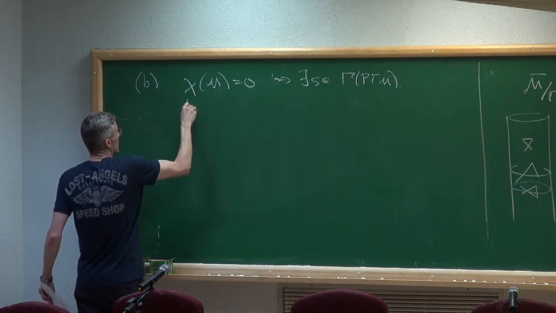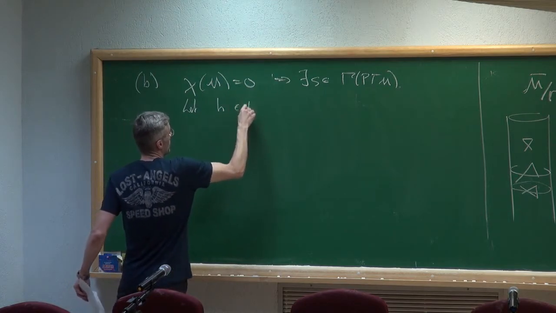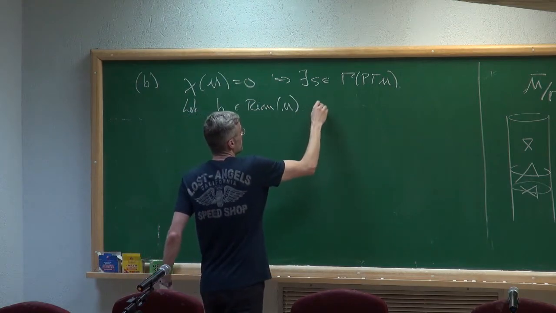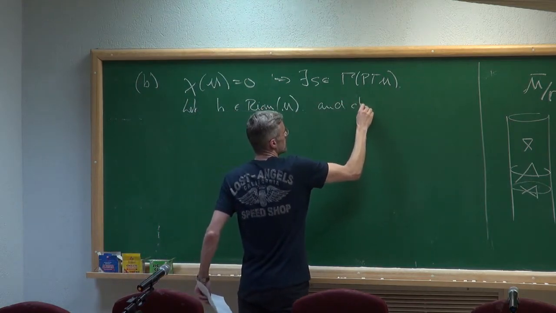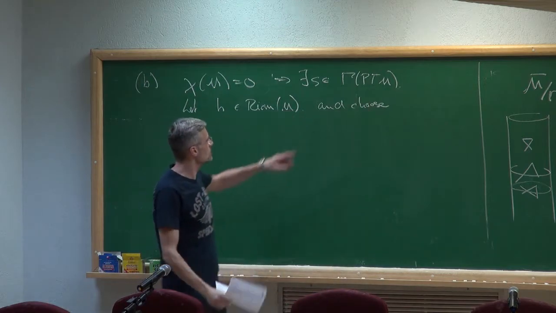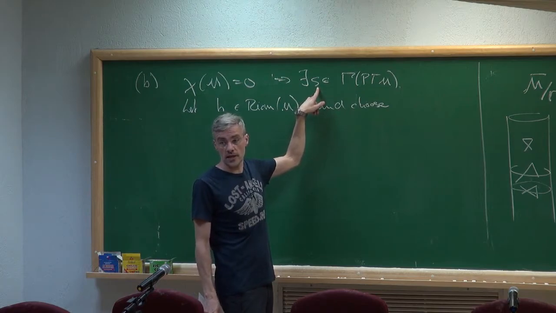Then let H be a Riemannian metric on M. You might not be able to lift this to a vector field, but you can lift it to a vector field modulo sign.